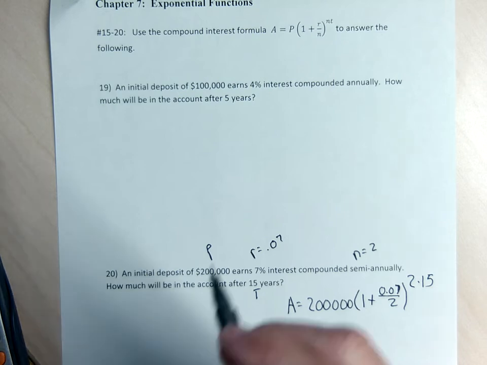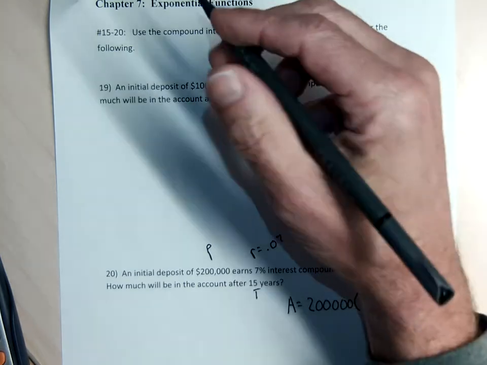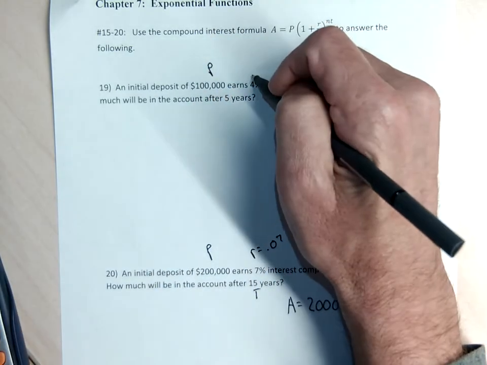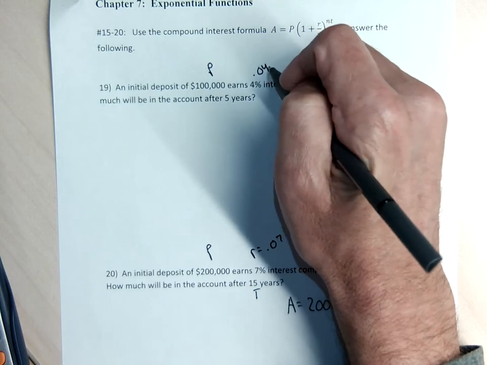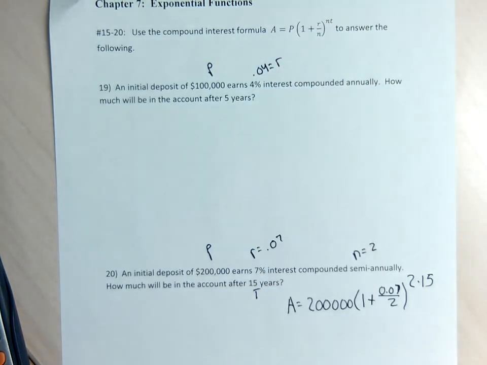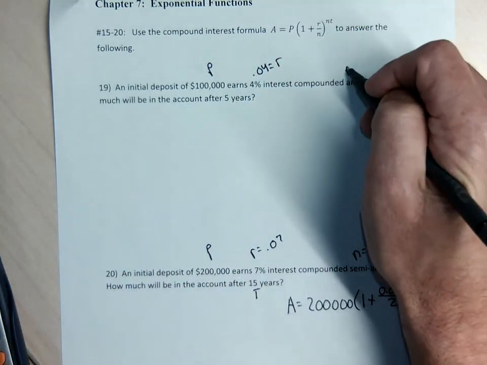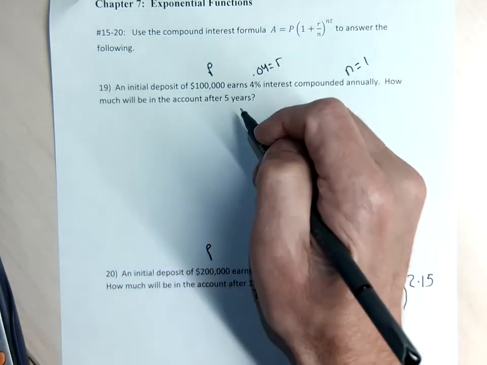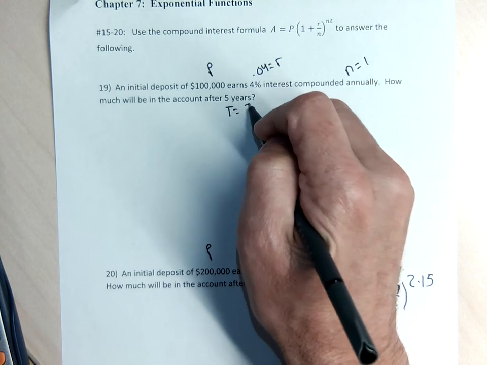For your problem 19, an initial deposit P of $100,000 earns 4% interest, which is 0.04 for the R, compounded annually. That means the N is 1 per year, 1. And how much will be in the account after 5 years? The T is going to be 5.